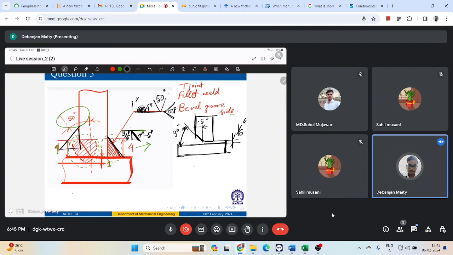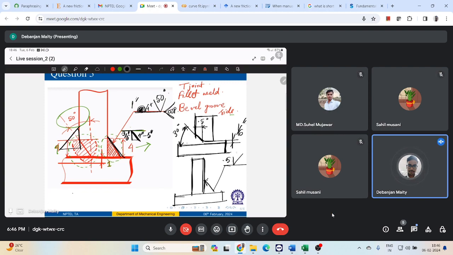Now, in terms of that broken arrow line, where I want to show it towards the V groove joint, I will show it in this way. Over here, I'll put a broken arrow line, and then I will have this, my V specification, and then you will have that length as 0.5.